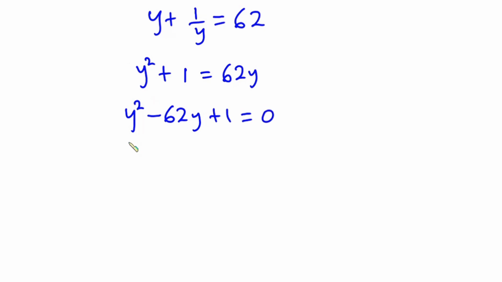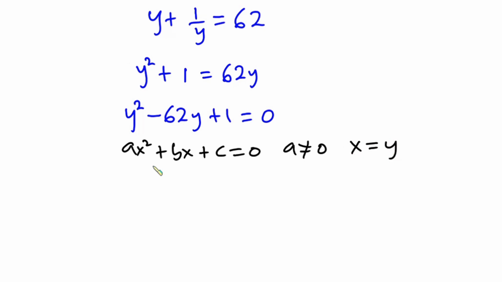Now comparing this with the general quadratic equation ax² + bx + c = 0, where a is never 0, we can say that x is equal to y in this case. Then comparing the coefficients, we have a = 1, b = −62, and c = 1.